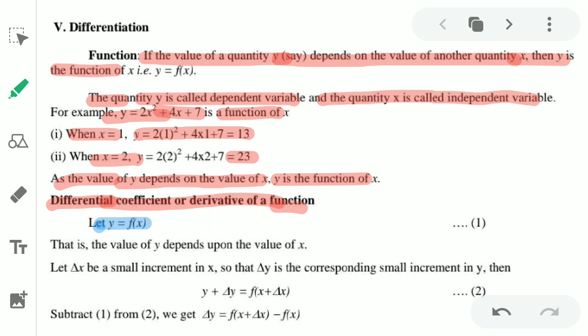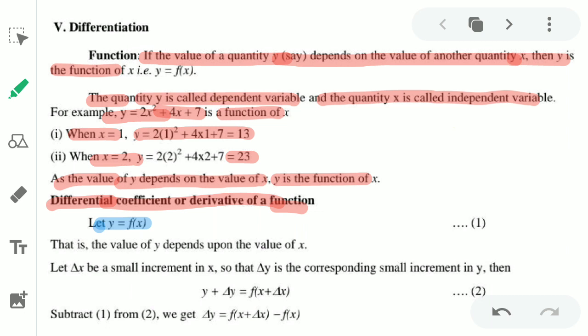Clear? Okay. In that case, if there is a very small change in x, what is the effect on y? We say that the value of y is also changed, because y depends upon x.